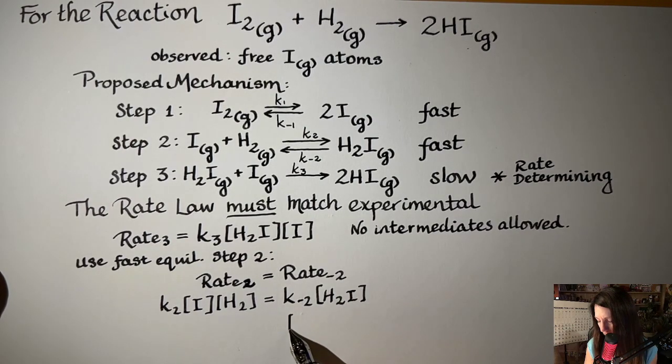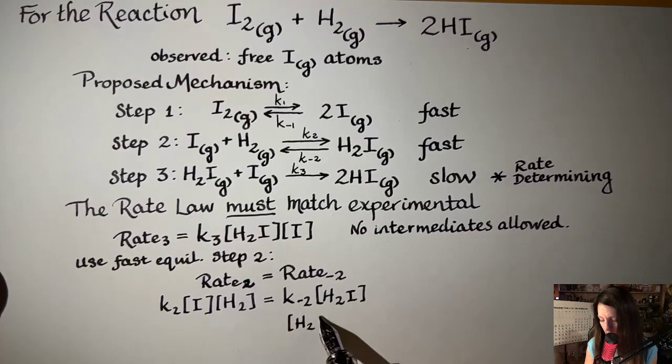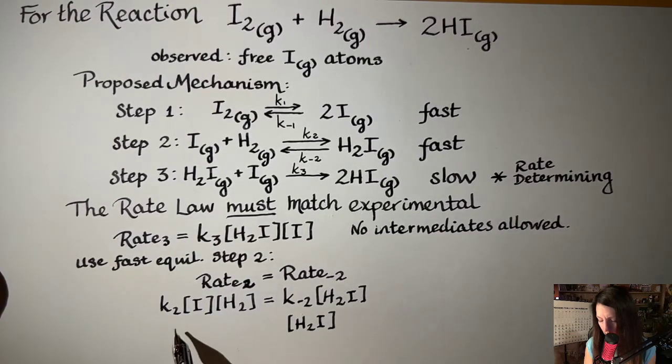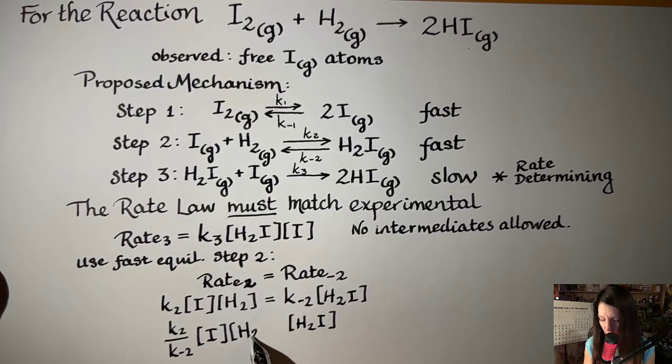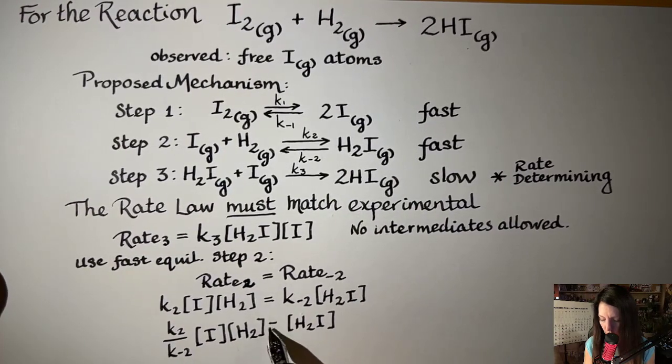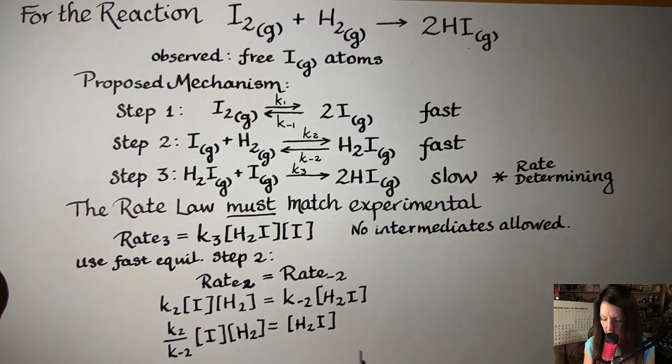We can do that by dividing both sides by K minus 2. So that would give us K2 divided by K minus 2 times I times H2. Yes?